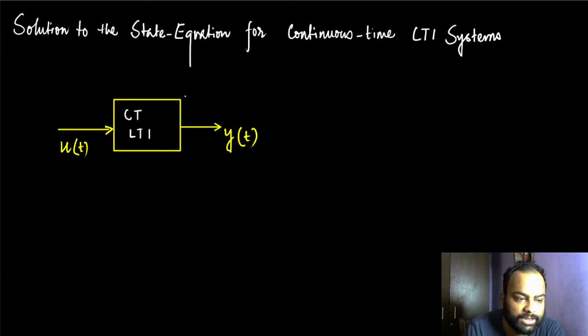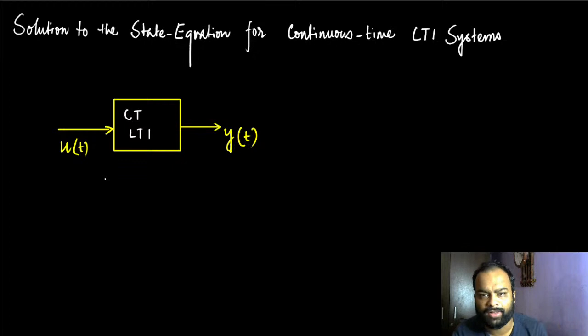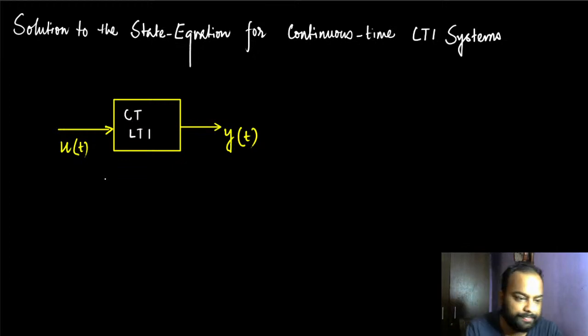Also, most importantly, we described something called the states of the system. States are an internal vector that describes the internal properties, behavior, and dynamics of the system.